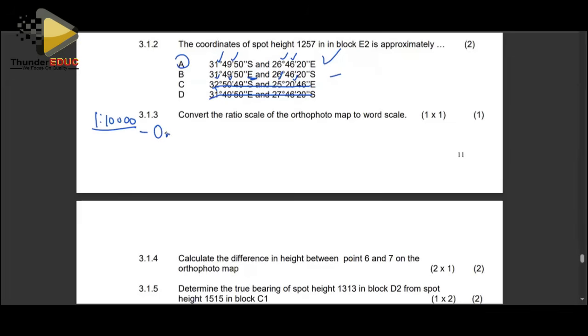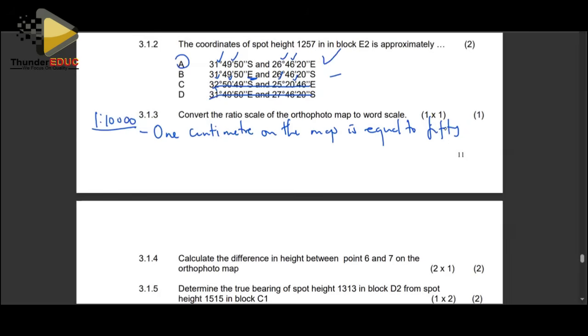It means 1 centimeter on the map is equivalent to... Not 50, rather, I'm using the wrong scale on the orthophoto map.